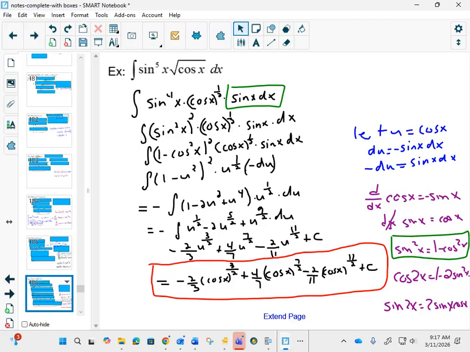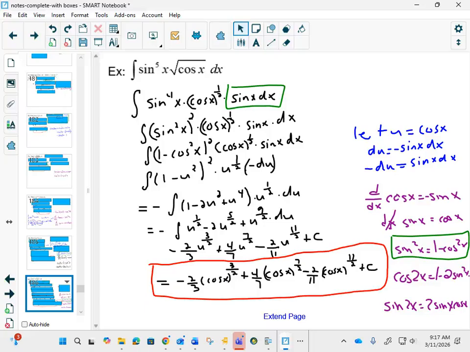Plug your cos back in. And if you really want to know if you're right, you can take the derivative of this and simplify with identities. You know how not nice of a derivative that would be? It has a bunch of chain rules, but you could simplify it.